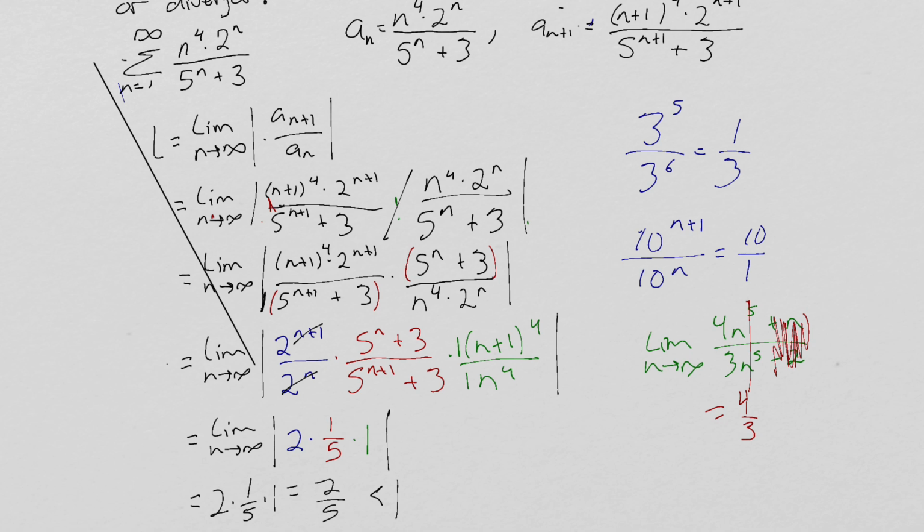And I write, therefore, the series converges by ratio test. Say, for example, instead of 2/5 here, I had gotten 5/2, then it would have been bigger than 1 and it would have diverged. Hopefully this helps you with the ratio test, and you can start doing some problems on your own. See you.